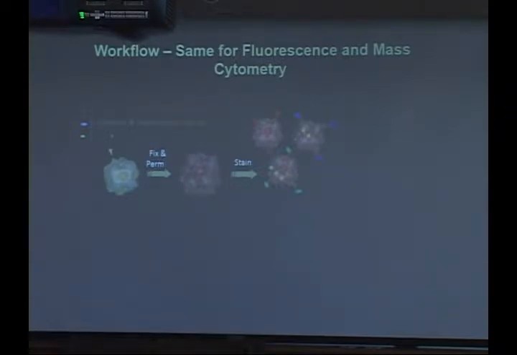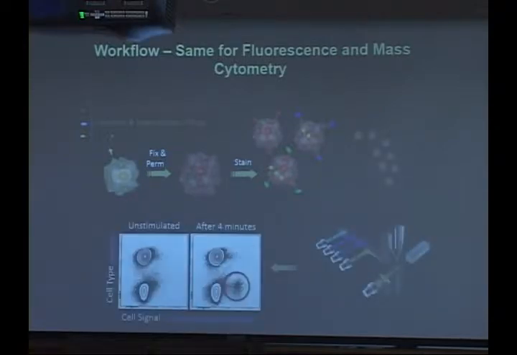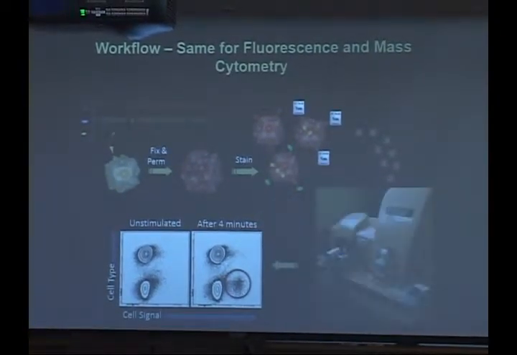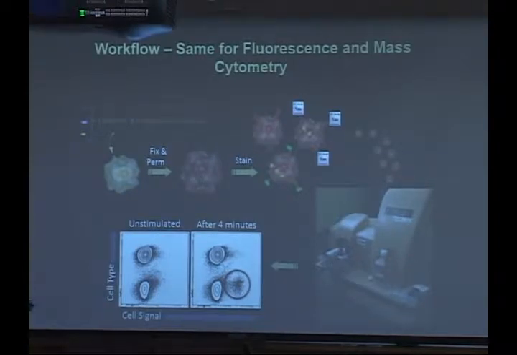The staining with fluorochrome conjugated antibodies, you pass through the laser, and you find cells that you wouldn't have found if you hadn't added these stims. And what we're doing here is replacing the fluorochromes with metal conjugated polymers and passing them through the argon inductively coupled plasma and getting pretty comparable data. And you already saw that from Sean.